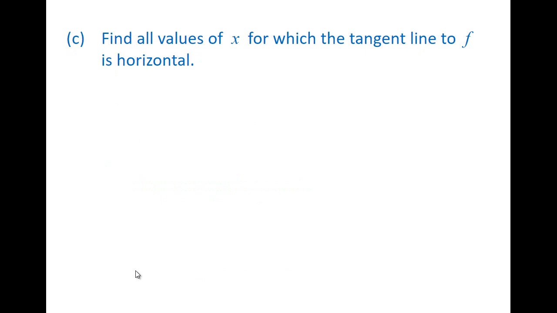Now I want to find the values of x for which the tangent line to the graph of f is horizontal. So we want to find all the points on the graph of f where the tangent line is horizontal. So how do I do it? Well, basically we want to find the points where the slopes will be 0, right?